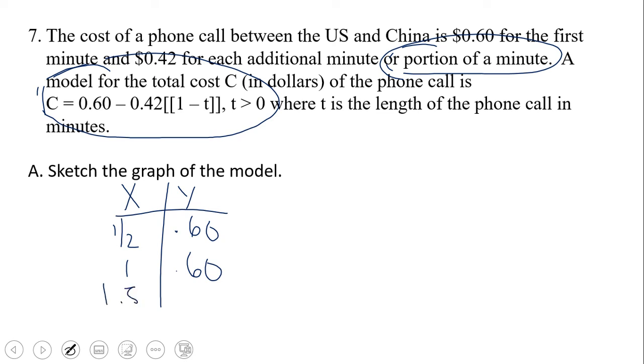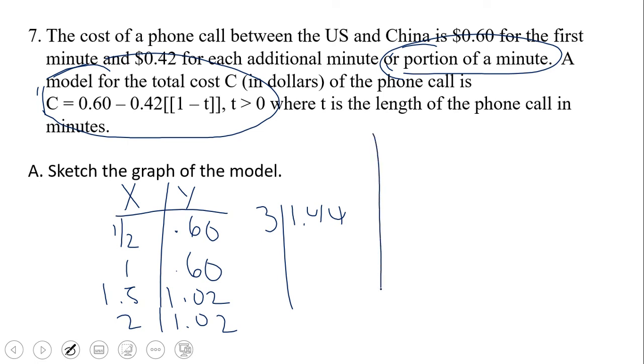Once you're on for a minute and a half, if you plug that in, your bill jumps to $1.02. For the full 2 minutes, still $1.02. Once you pass the second minute and get toward the third minute, you're going to be paying $1.44, and basically it's going up 42 cents per minute.